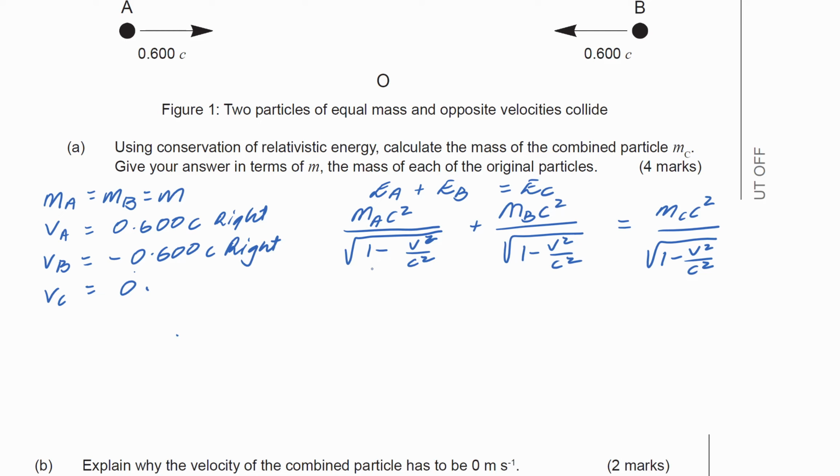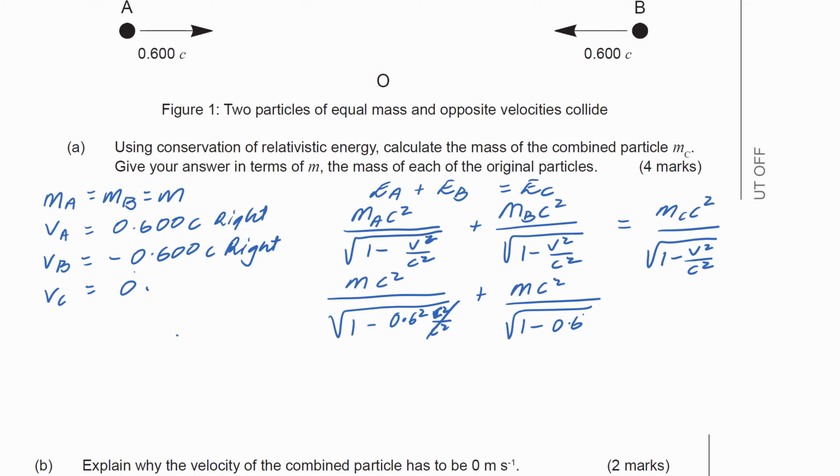So let's pop some numbers in here, or some information that we have. So MA is equal to M, we have C squared, we have square root of 1 take 0.6 squared, that will be C squared over C squared, so that will cancel out, plus MC squared, and again we've got the same term here. So notice that negative makes no difference in this particular part of the problem.